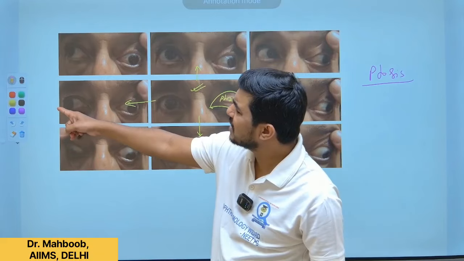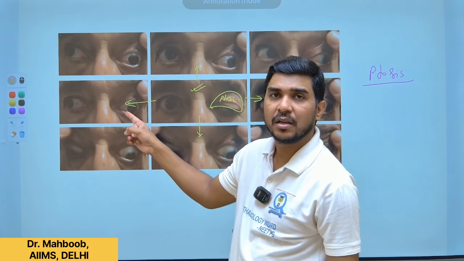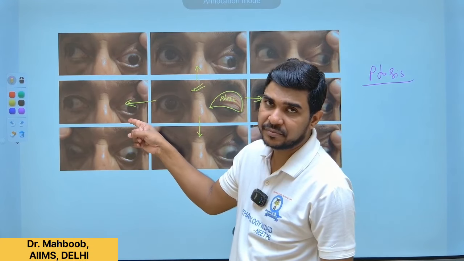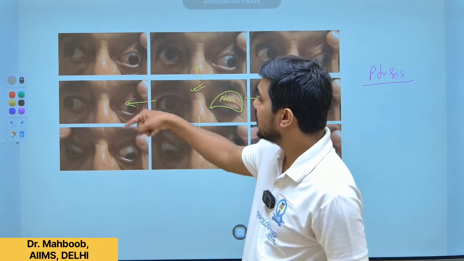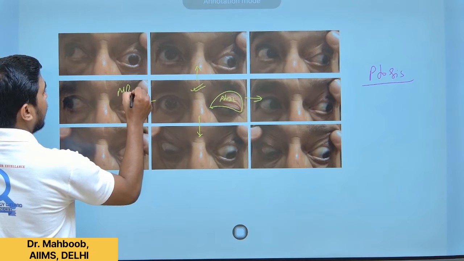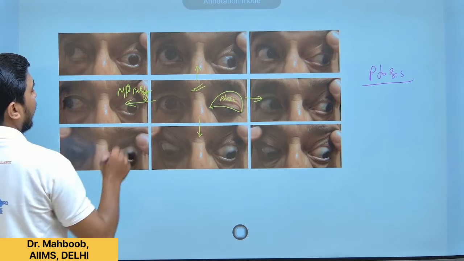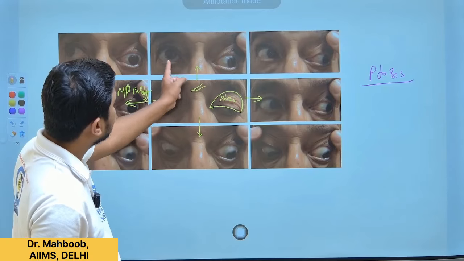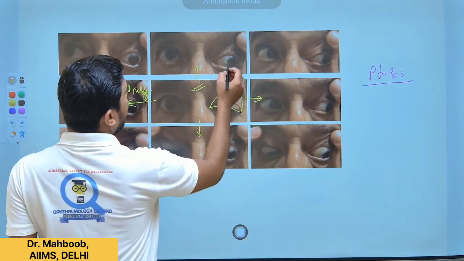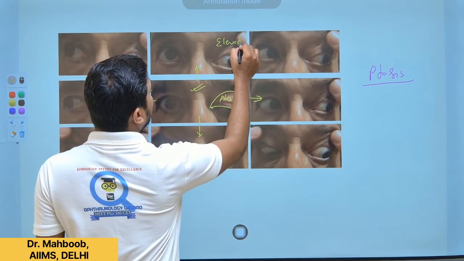But on the right side, this is moving, but this is not moving. So there is a problem here. There is a medial rectus palsy here, of this left eye. So there is MR palsy here, right? There is a problem here also. This is going up, this is not going up. That means there is some palsy here, elevator palsy. Elevator palsy.